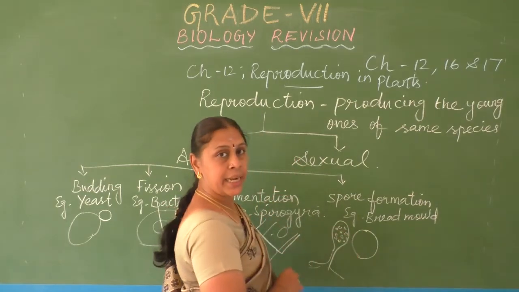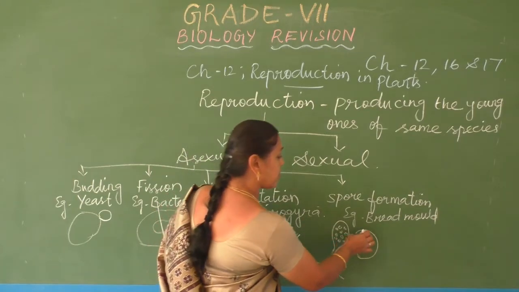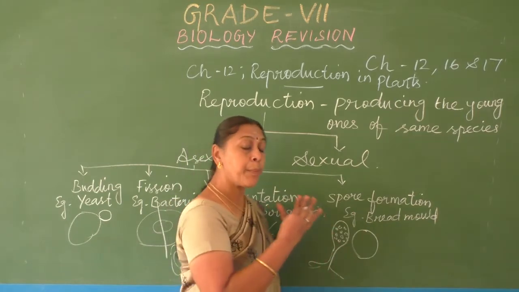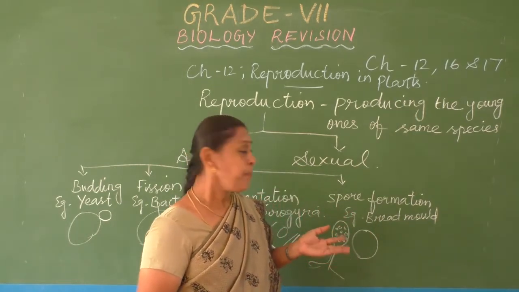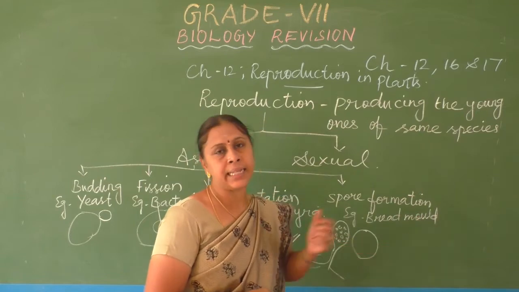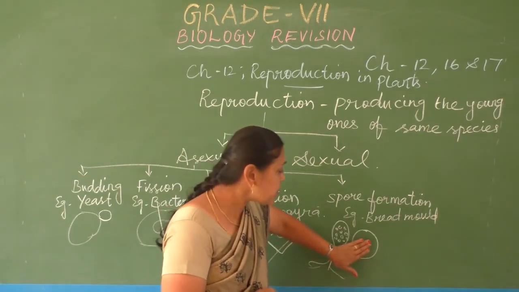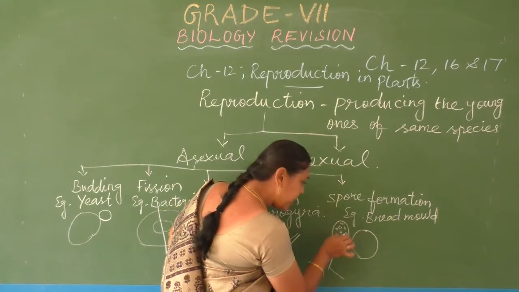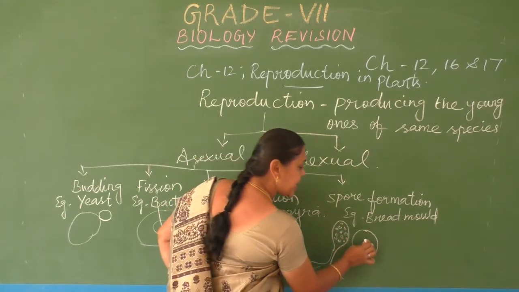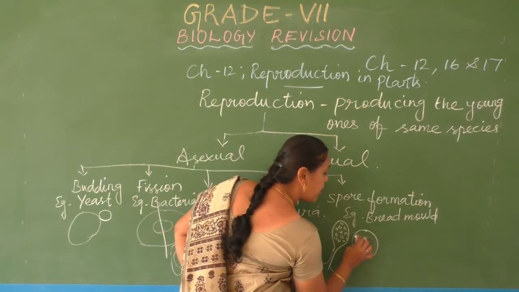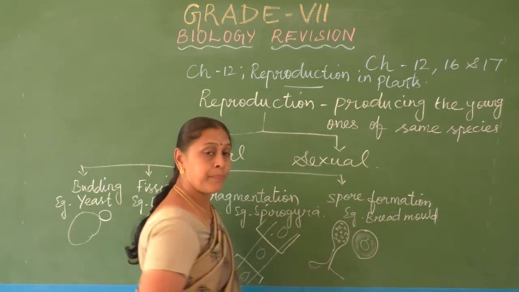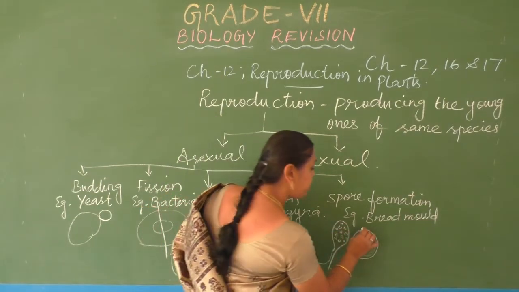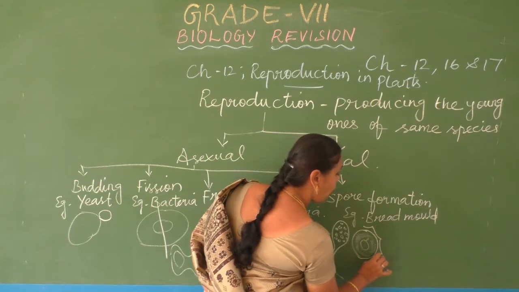Spores will be present. And then this sporangium, when it matures and bursts, the spores will be released. And each spore is a single cell. Inside this, a lot of spores are there, and each spore is a single cell. Inside this the nucleus and all the materials needed for the reproduction will be present. And this will be protected by a hard covering called cyst.